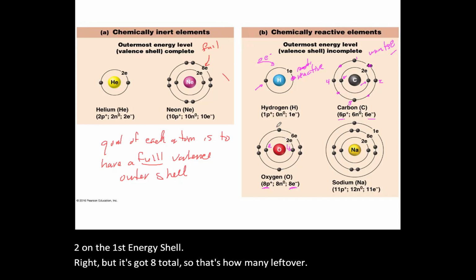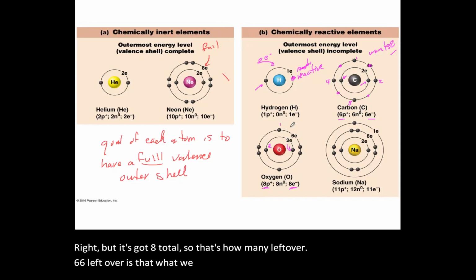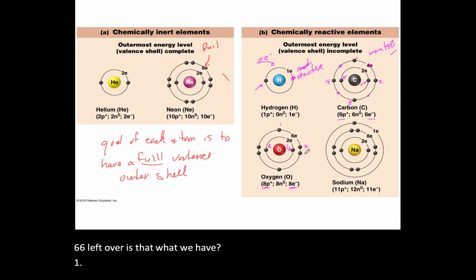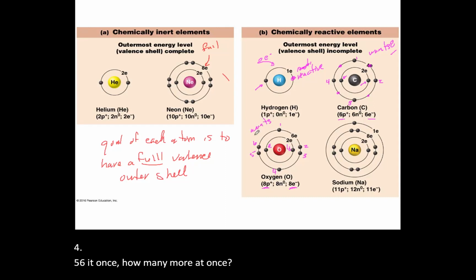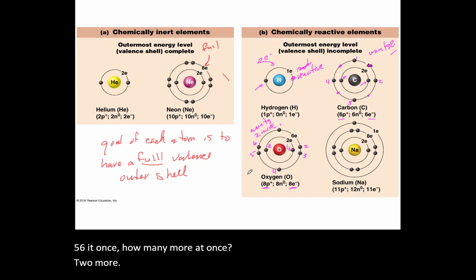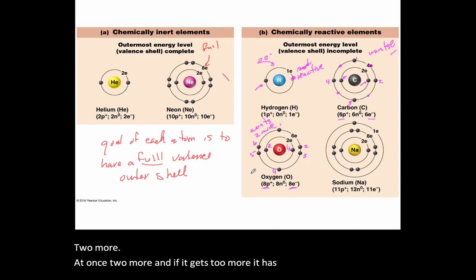Is that what we have? 1, 2, 3, 4, 5, 6. It wants how many more? 2 more. And if it gets 2 more, it has 8. So how does it do that? Through bonding. We're going to get there.